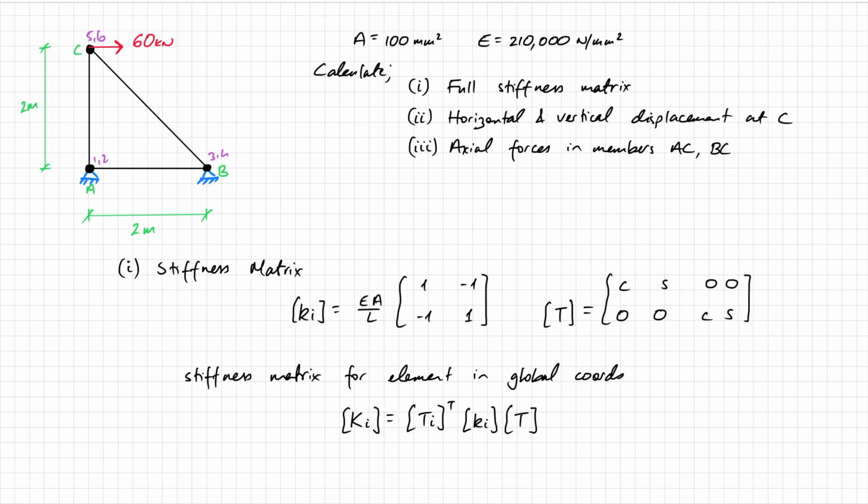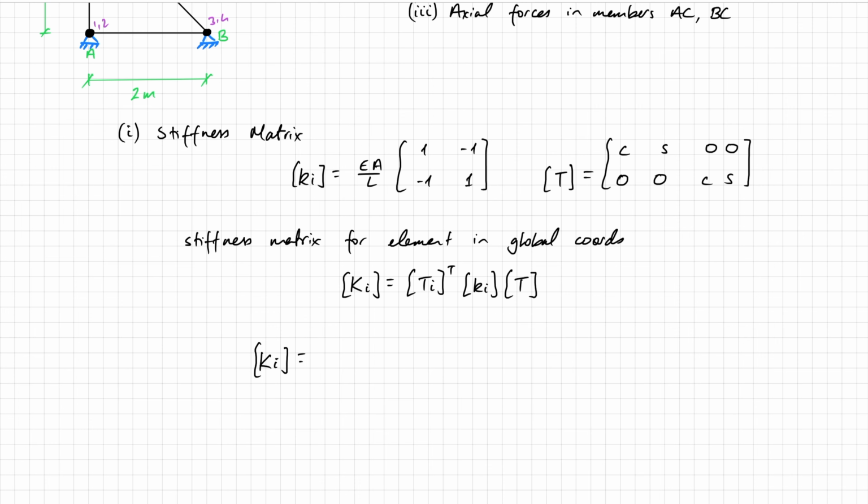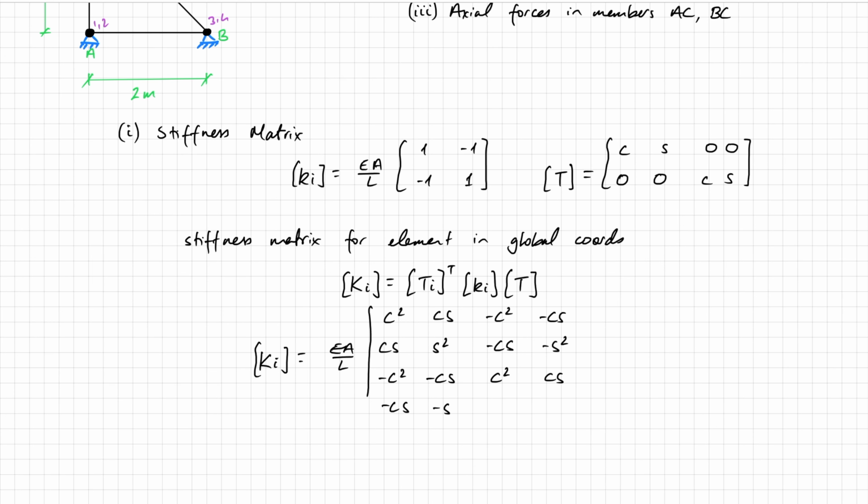If we multiply them, we will find that K equals EA over L times [C squared, CS, -C squared, -CS; CS, S squared, -CS, -S squared; -C squared, -CS, C squared, CS; -CS, -S squared, CS, S squared].